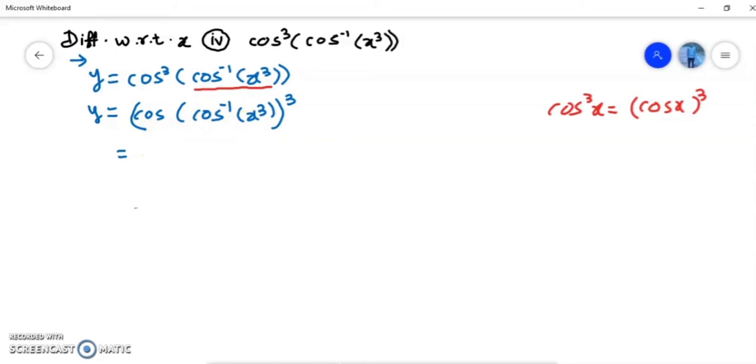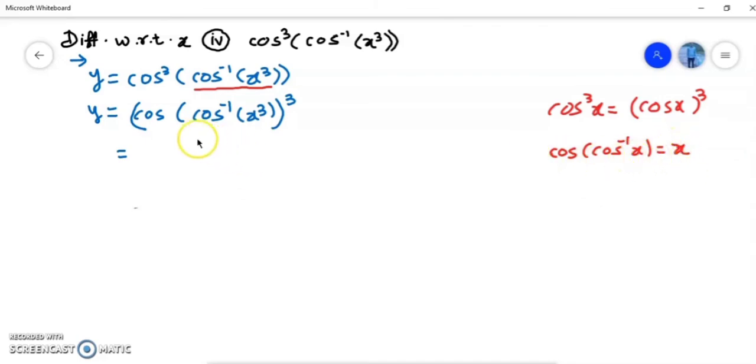Now there is another formula, cos of cos inverse of x. What is this equal to? I told you to remember these properties. Cos of cos inverse of x is just x. Even cos inverse of cos x is x.